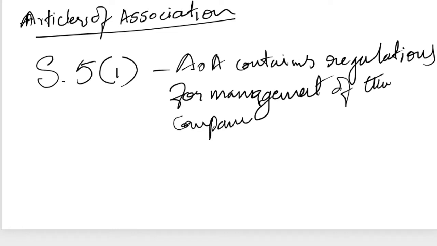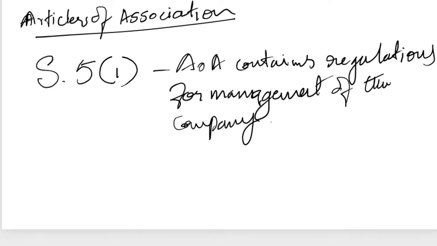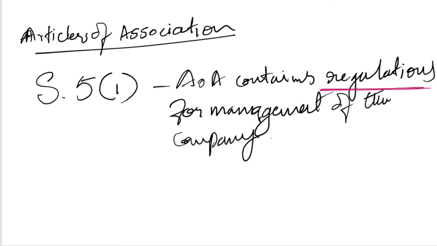So that is what exactly articles of association is. According to section 5(1) of the Companies Act, articles of association should contain regulations. And do you know that articles of association is an internal document?